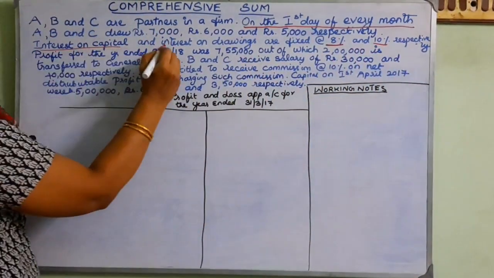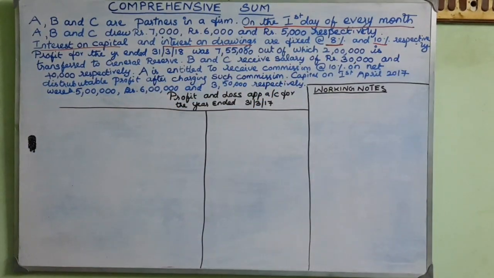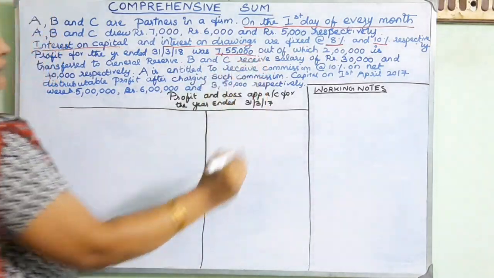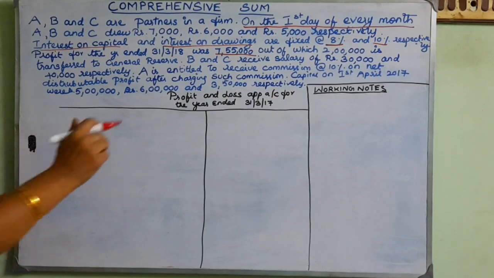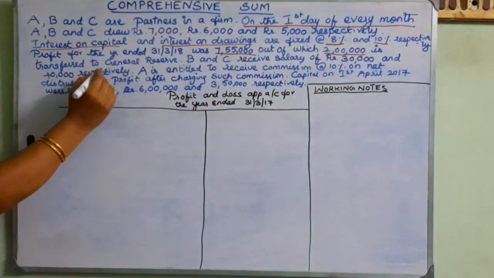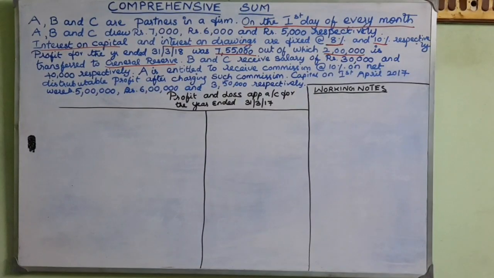Profit for the year ended 31st March 2018 was 7,55,000. Out of which 2,000 is transferred to general reserve. So you have to transfer rupees 2,000 to the general reserve.